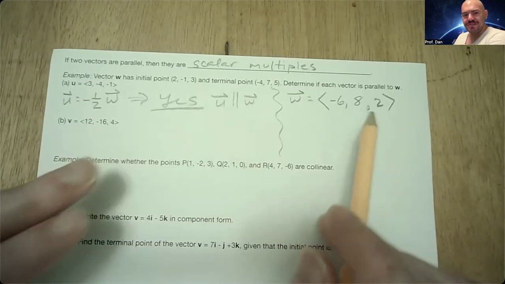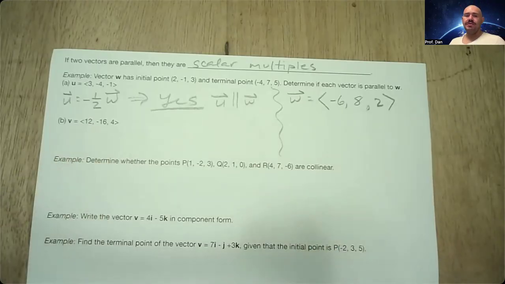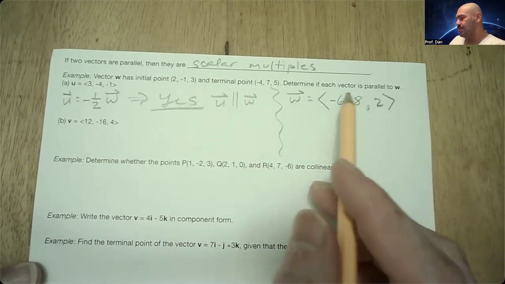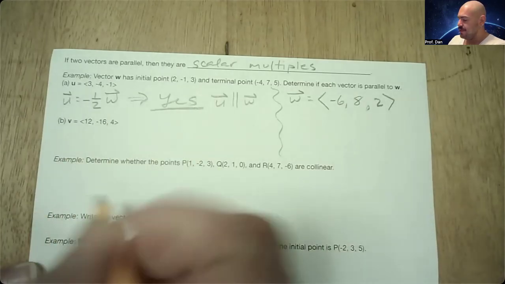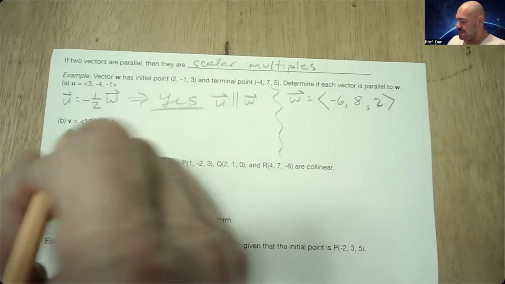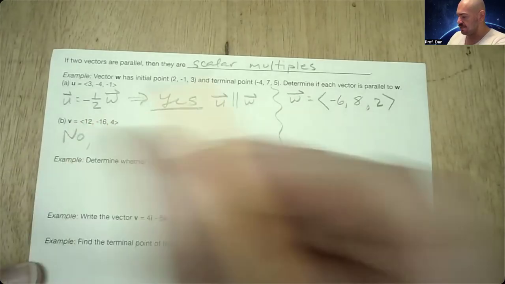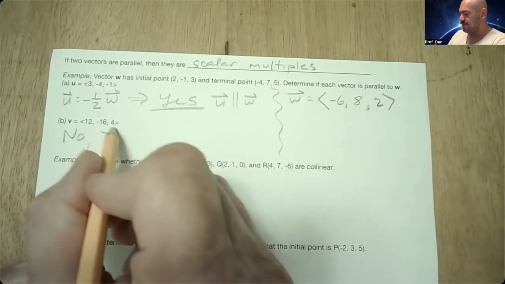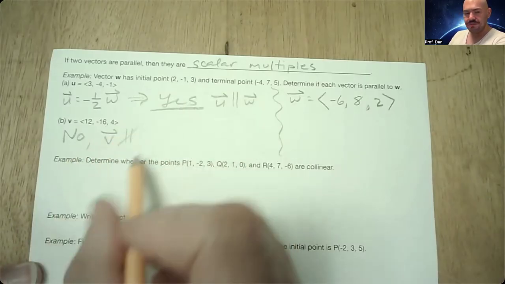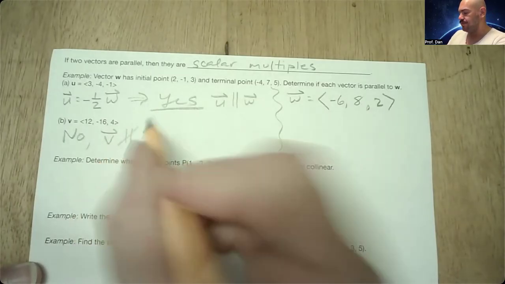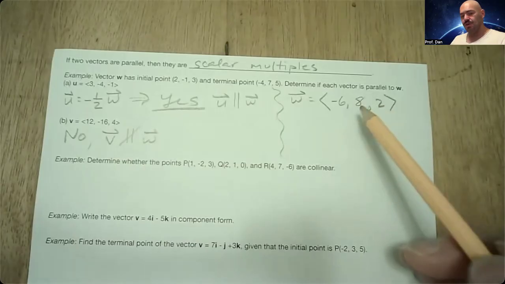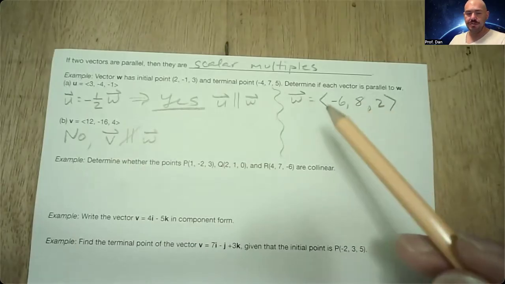And the thing is, if that number worked for two of the components and not the other, there's not going to be a single number that I can multiply everything by to get this. So for this one, we would say no, V is not parallel, right? Parallel with a slash through it, to W. Since there's not a number or a scalar that we can multiply W by to get V.